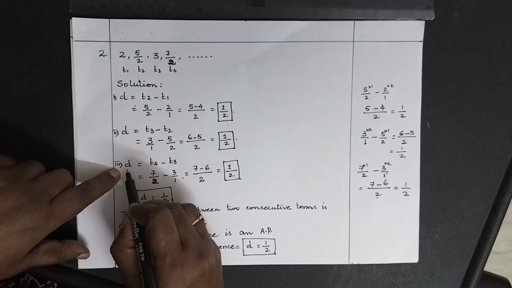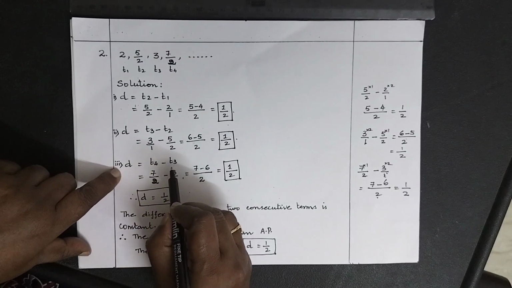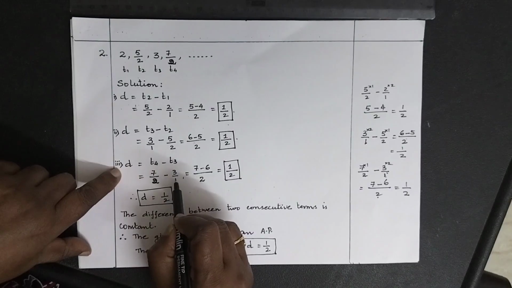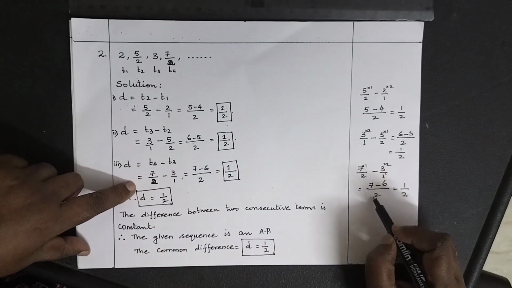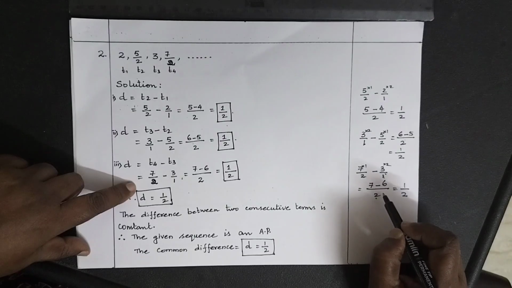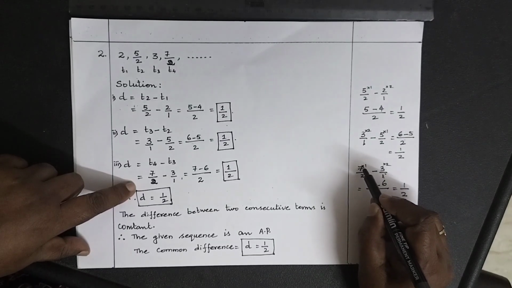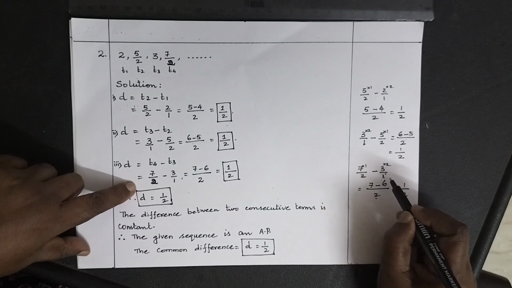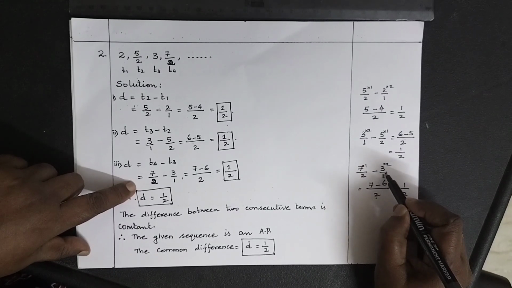Similarly, in the third case also, D is equal to T4 minus T3, 7 by 2 minus 3, so 3 upon 1. Again take the LCM, which is 2. Only 1 time this 2 will go here, so multiply 7 by 1. So 7 minus, now 1 goes 2 times, so multiply by 2, so 3 into 2 is 6.